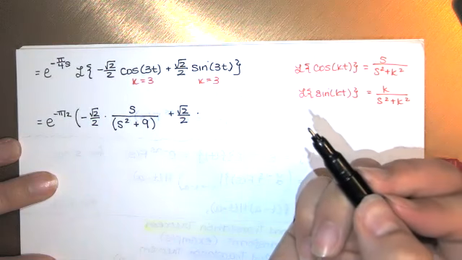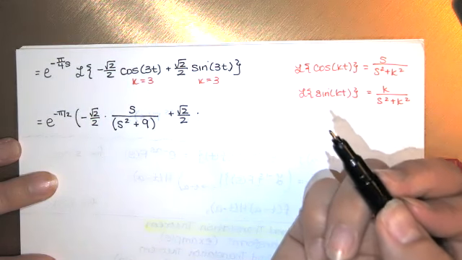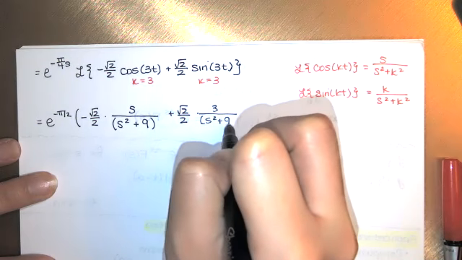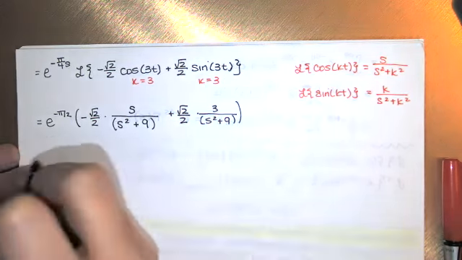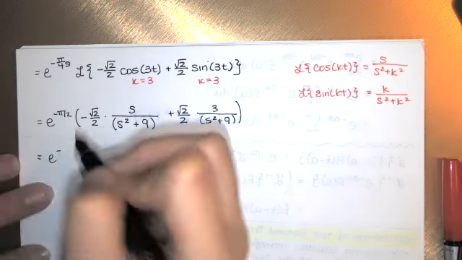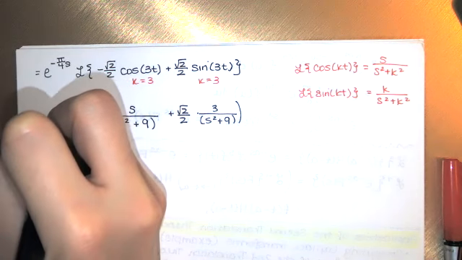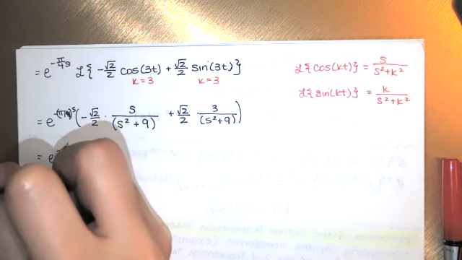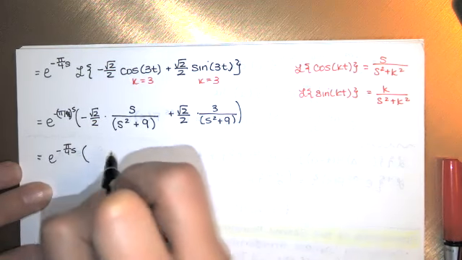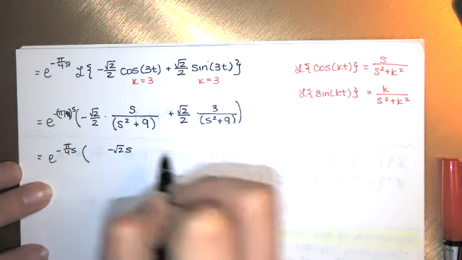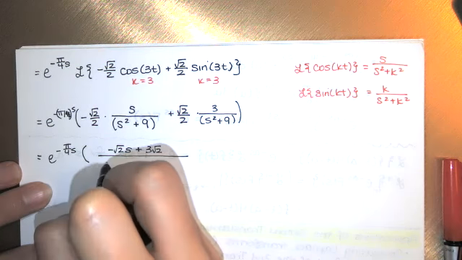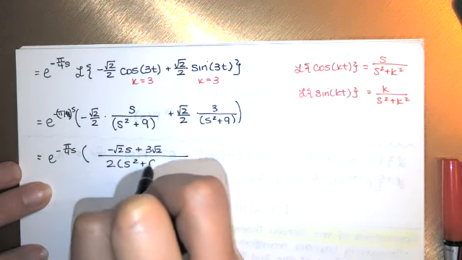And then we're multiplying by the Laplace transform of sine of 3t, which is 3 over s squared plus 9. Now, if you want to, you could simplify this. We could call this e to the negative, oops, I don't know why I wrote pi over 2. That should be negative pi over 4 times s. E to the negative pi over 4 times s times negative square root of 2 times s plus 3 square roots of 2, all divided by 2 times s squared plus 9.